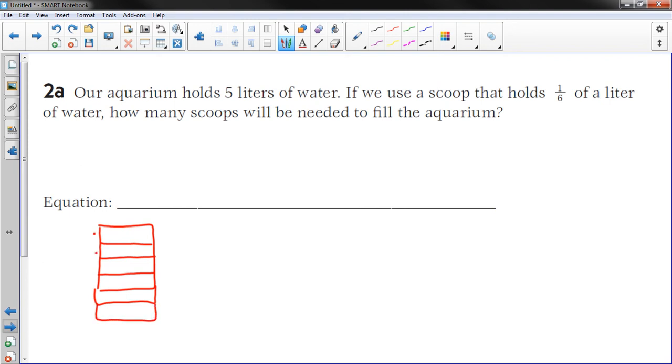1, 2, 3, 4, 5, 6. So it takes 6 scoops for 1 liter of water. That's for 1 liter. I need 5 liters, so I have to do this 4 more times, right?